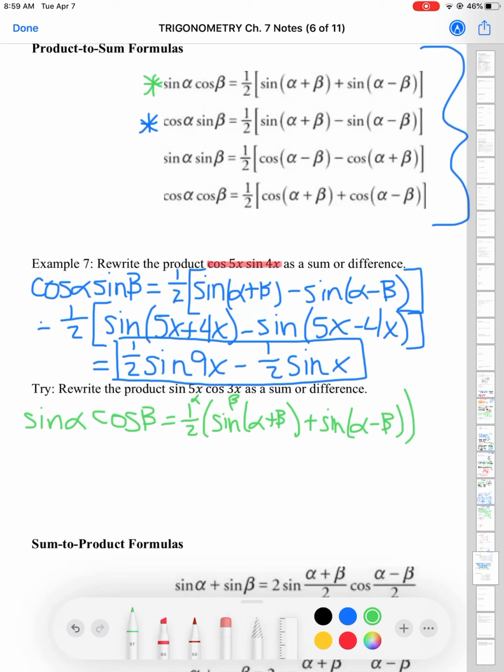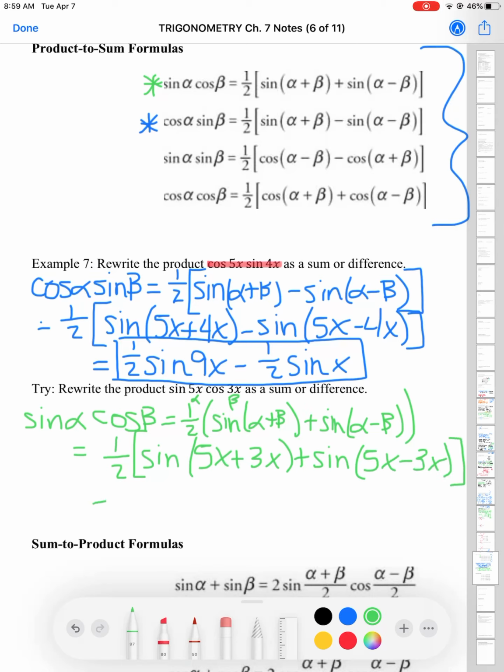So very similar to example 7, except it's a sum instead of a difference. So really just small differences here. So we've got 1/2 times sine, alpha is 5x, beta is 3x, plus sine, again alpha is 5x minus beta 3x.